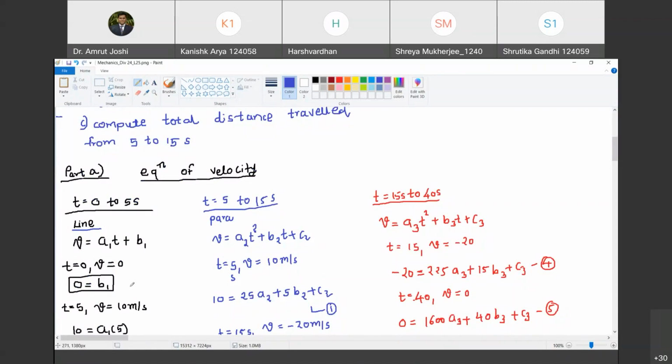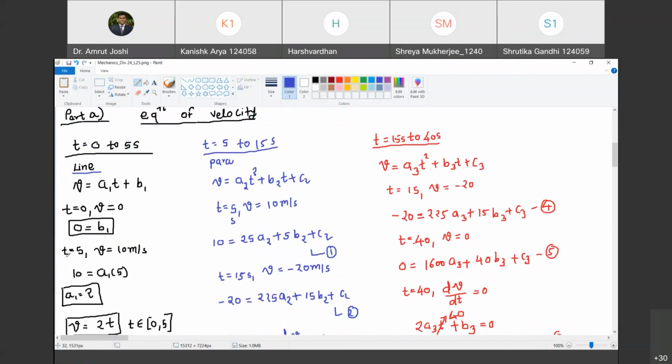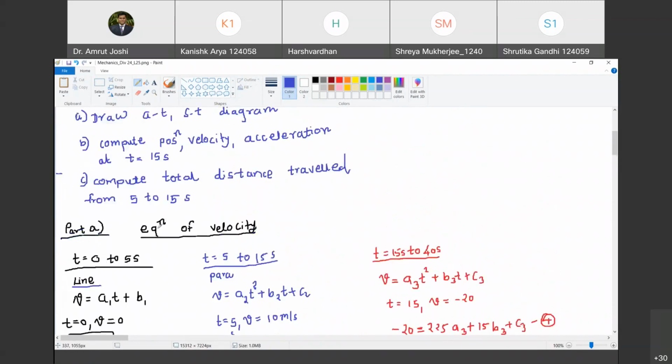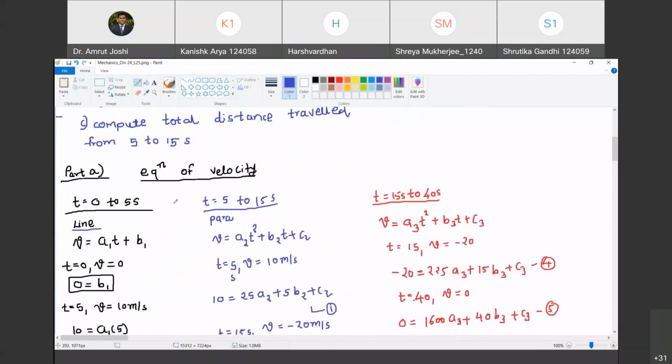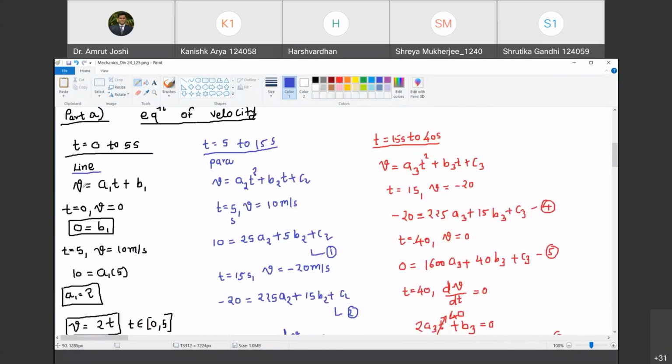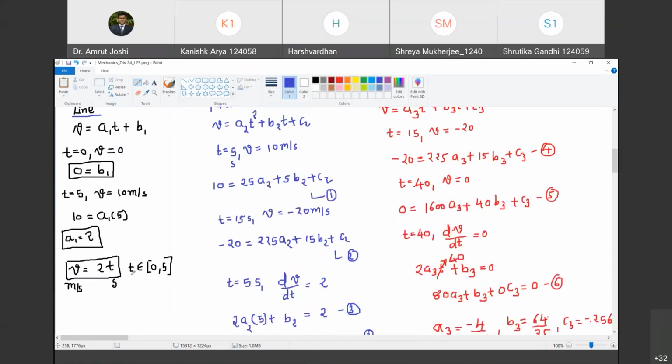Now at t equal to 5 seconds, velocity is 10 meter per second. This is the second information that we have. So if I substitute that in the original equation, I get 10 equal to a1 into 5 plus b1, which is already evaluated as 0. So I get a1 equal to 2. So v equal to 2t is the equation of velocity in 0 to 5 seconds.